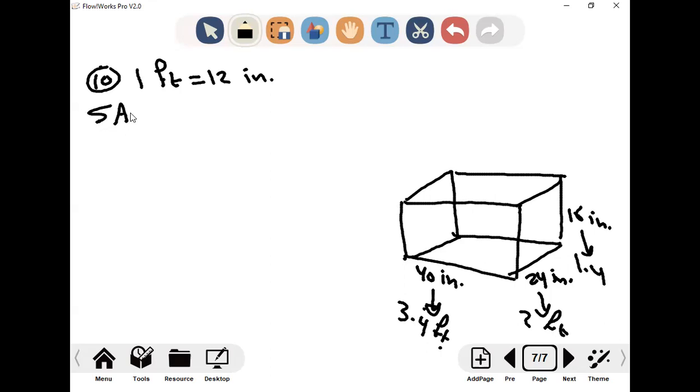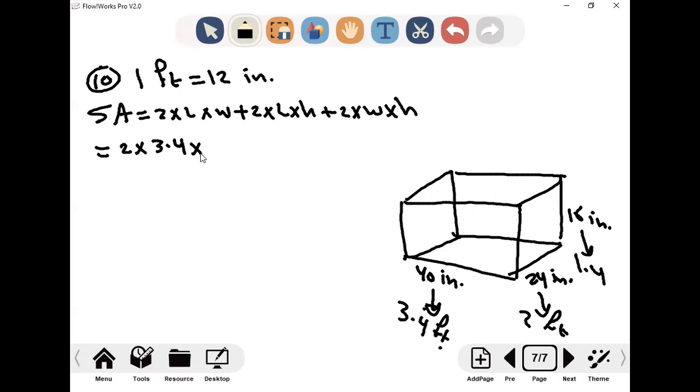Yalla, surface area is 2 times length times width plus 2 times length times height plus 2 times width times height. This equals 2 times length 3.4, width 2, plus 2 times length 3.4 multiplied by height, sorry, 1.4, plus 2 multiplied by width 2, multiplied by height.